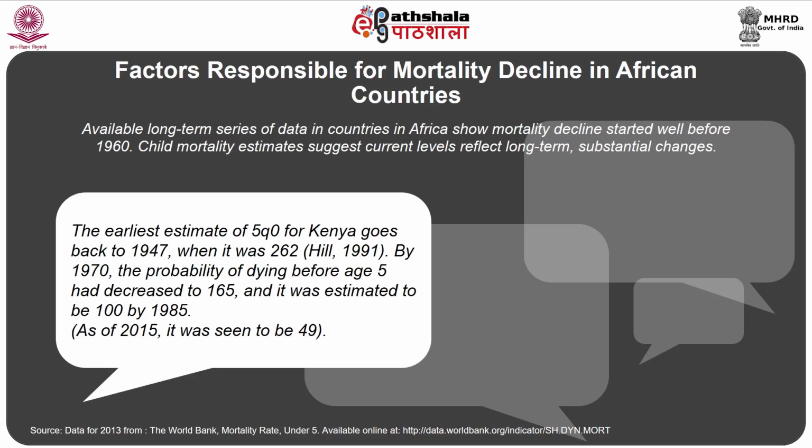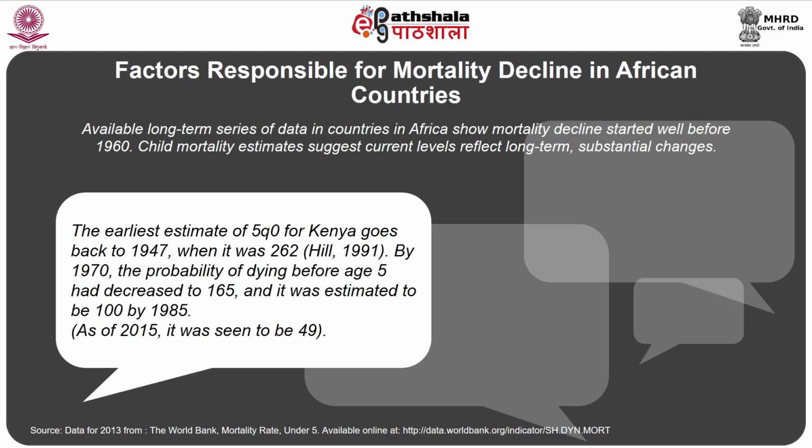The earliest estimate of 5q0 for Kenya, for example, goes back to 1947 when it was 262, as brought out by Hill 1991. By 1970, the probability of dying before age 5, 5q0, had decreased to 165 and it was further estimated to decline by 100 in 1985.